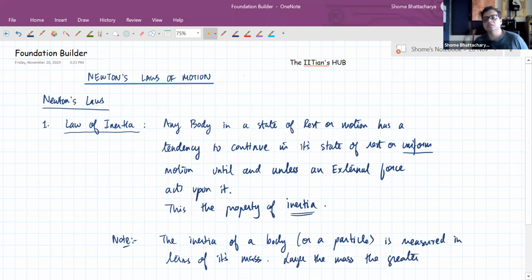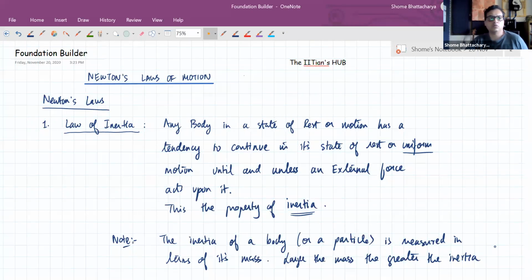And mass, as you know, is a fundamental property of all matter. So whether we are talking about a very small particle like a neutrino or a Higgs boson or even an electron, or an everyday macroscopic object like a cricket ball, or something even very huge like a building or an aeroplane, everything possesses the property of mass and thereby possesses the property which we call inertia.